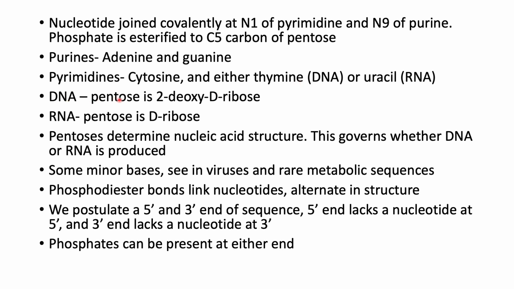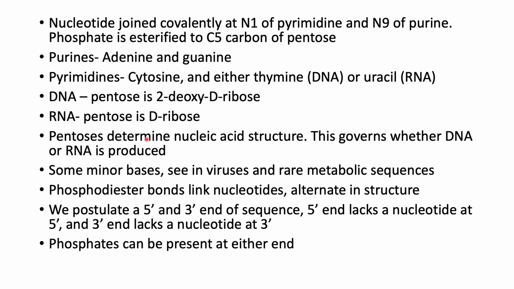In DNA, the pentose is a 2-deoxy-D-ribose, so the number 2 carbon has no oxygen, whereas in RNA, the pentose is D-ribose, and there is a hydroxyl group at the number 2 carbon.